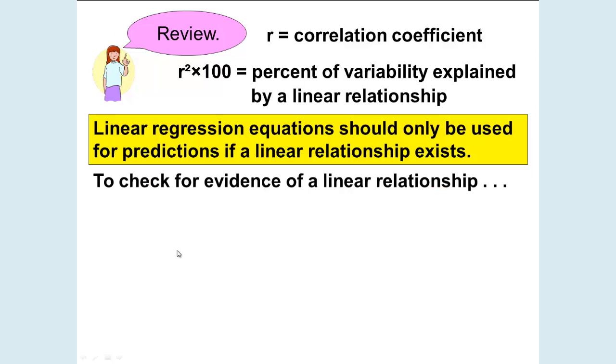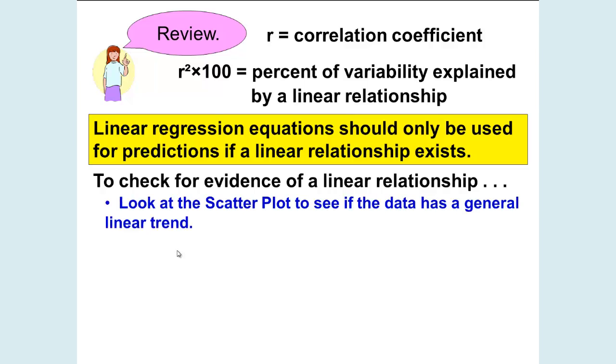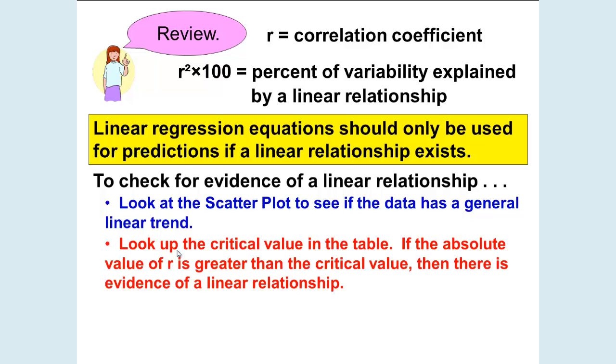And to check for evidence of a linear relationship, remember we have two steps. First, look at the scatter plot to see if the data has a general linear trend. And second, look up the critical value in the table, and if the absolute value of R is greater than the critical value, then there is evidence of a linear relationship.